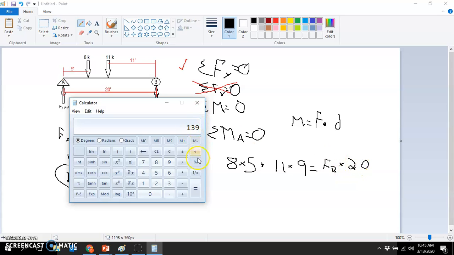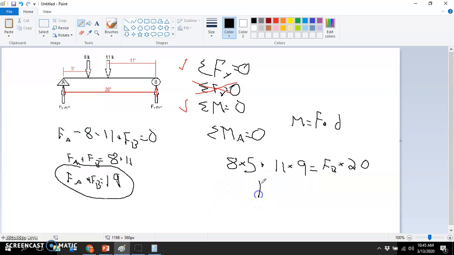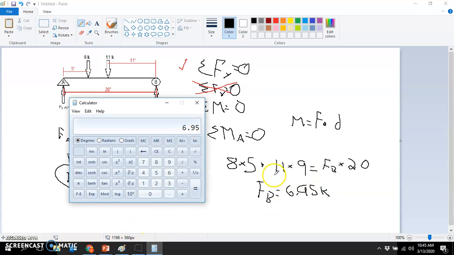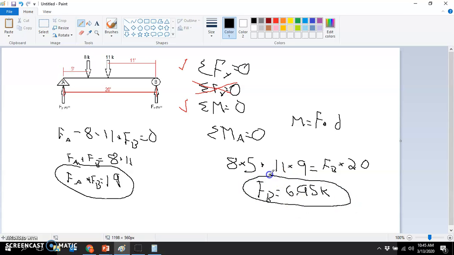And we're going to divide that all by 20. That gives me F of B equals 6.95 kips. Okay, cool. Now that I know this, I can now plug this into here.